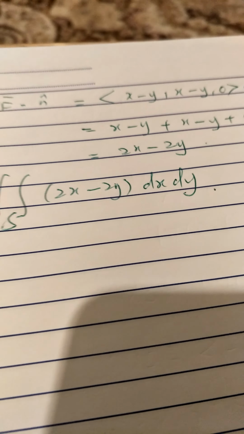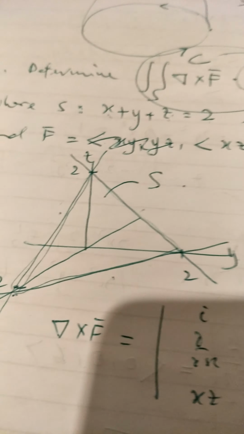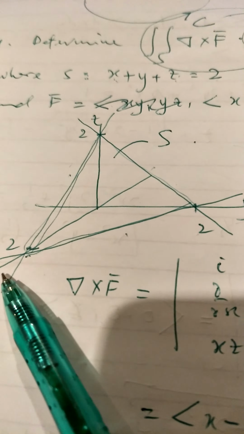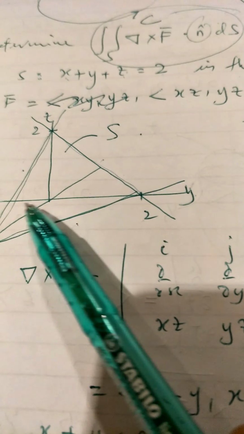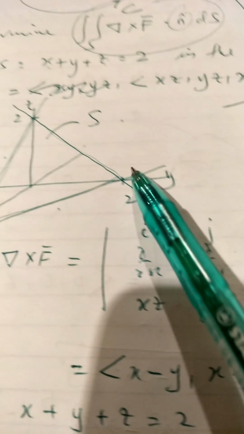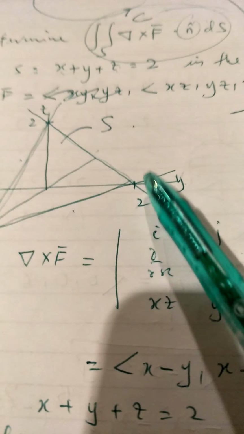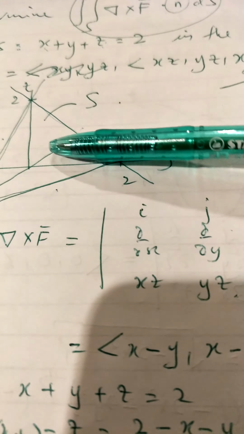So what is dx dy, and what are the limits? The limit is over the surface. You have to remember, look at this. Y goes from 0 to 2, or you can have y from 0 to that line.